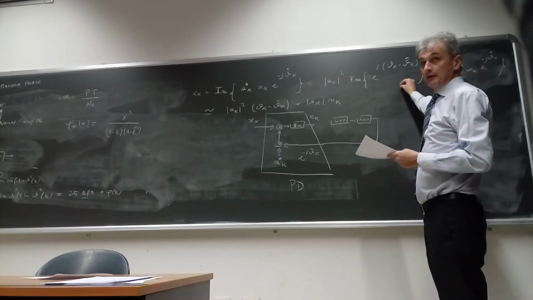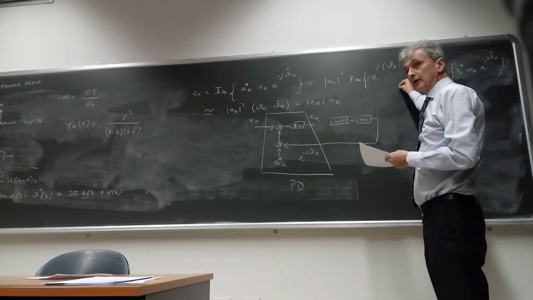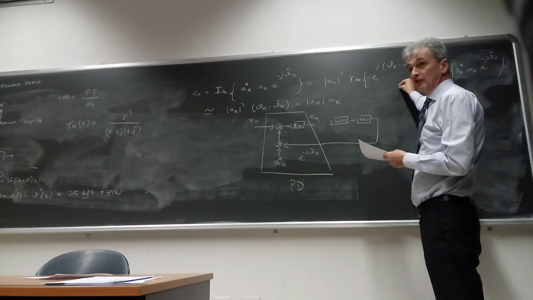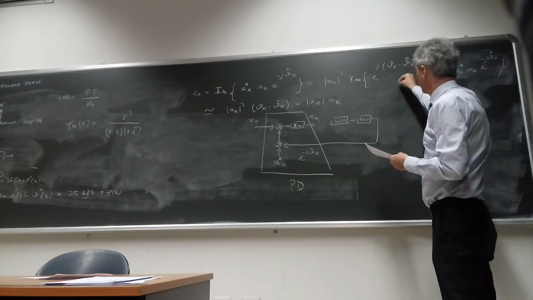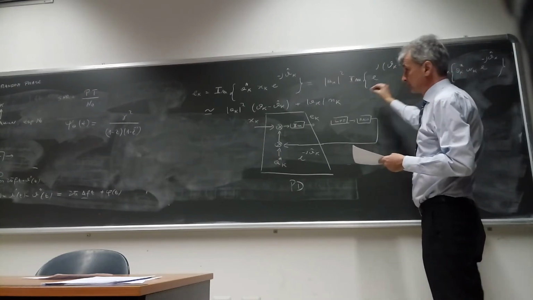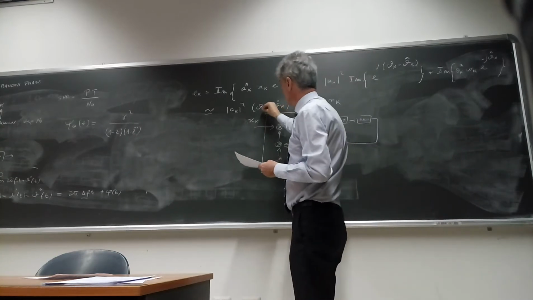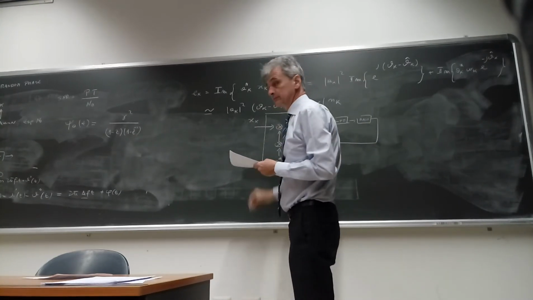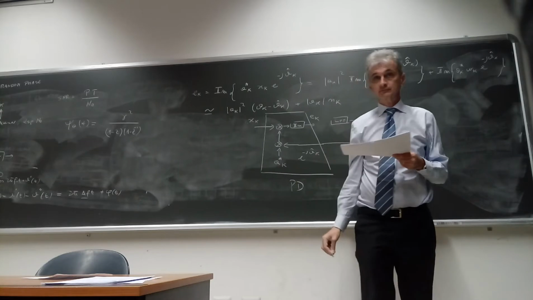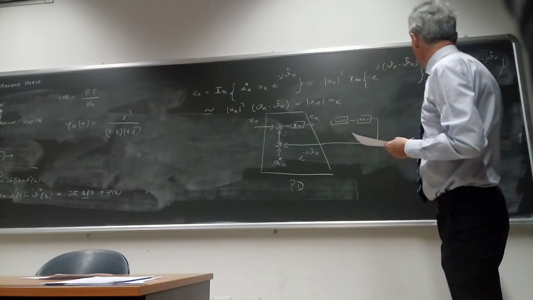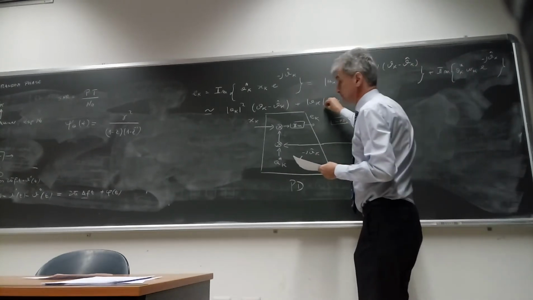This is the wanted part. You see, the imaginary part of the complex exponential is the sine of the difference, and for small error the sine of x is close to x. And this is the noise term.